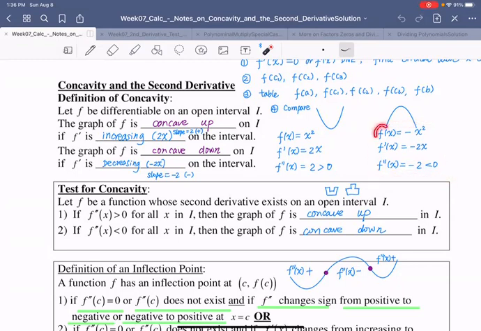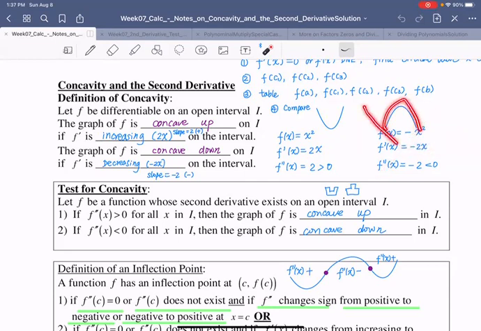So this is called concave down. You can use two different ways to tell this is concave down. Number one, you check your first derivative. The first derivative is negative 2 times x to the power 2 minus 1, which is negative 2x. This is a line going down.